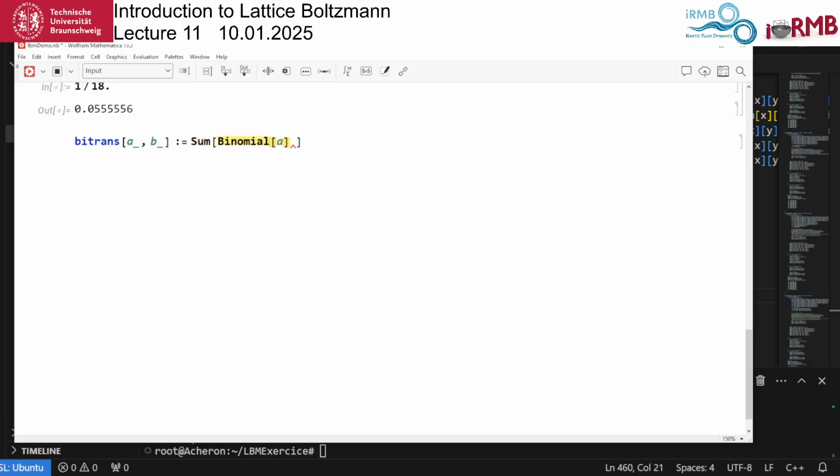What I had as alpha, I will call AA, times binomial B and BB, and then times -1 by the power of A minus AA plus B minus BB. So this was how we wrote it.